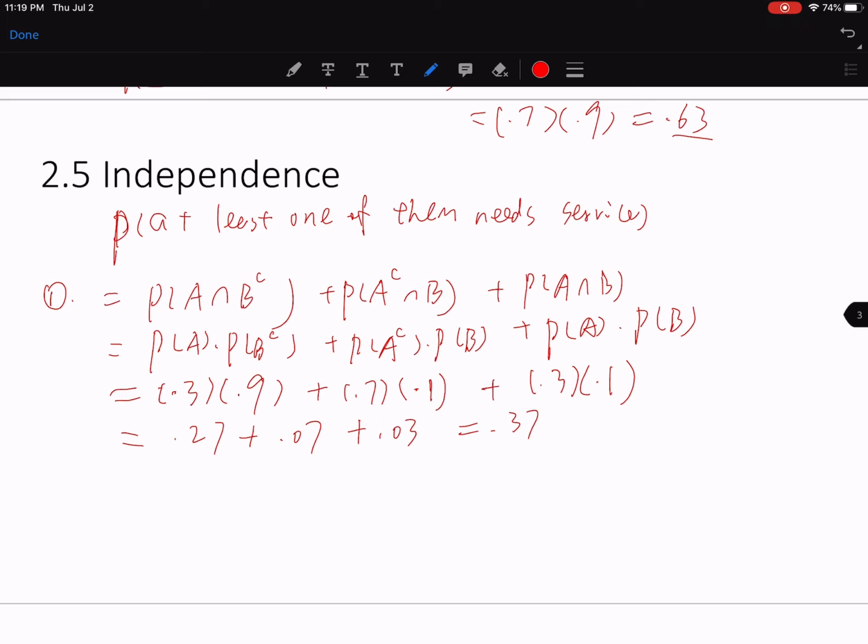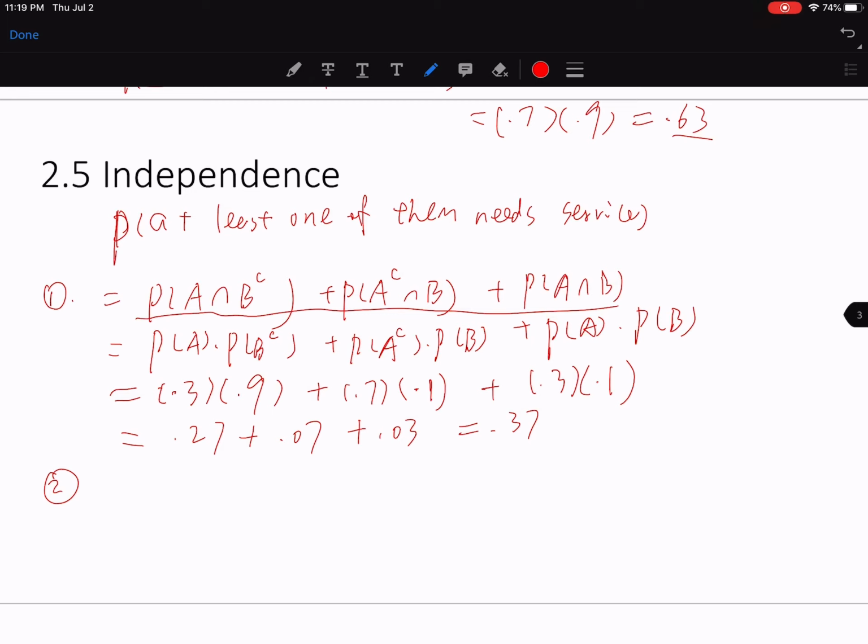That's the first way to solve this, to figure out the probability that at least one of them needs service. And there's a second way. As I mentioned in the previous video, the first way is quite complicated because we have three different situations to think of.